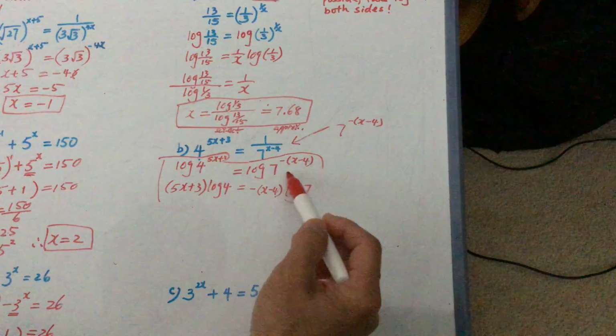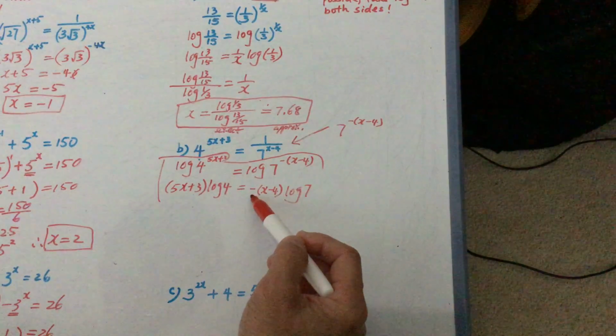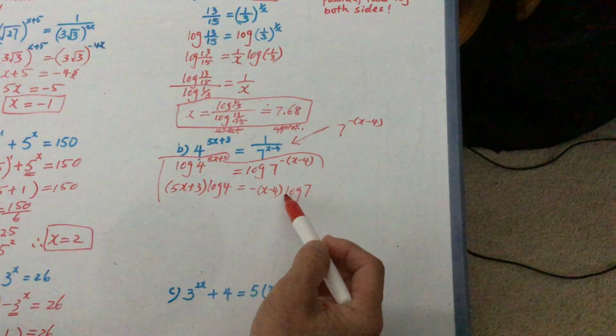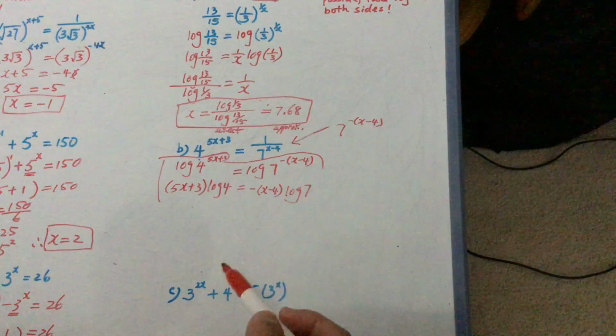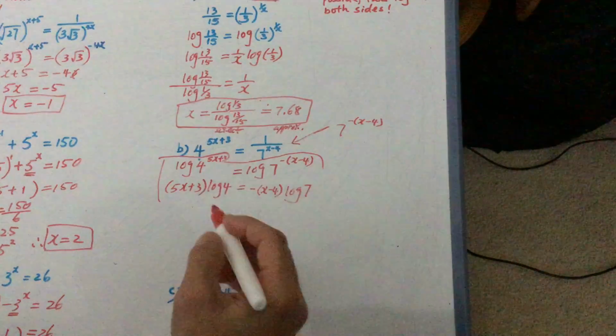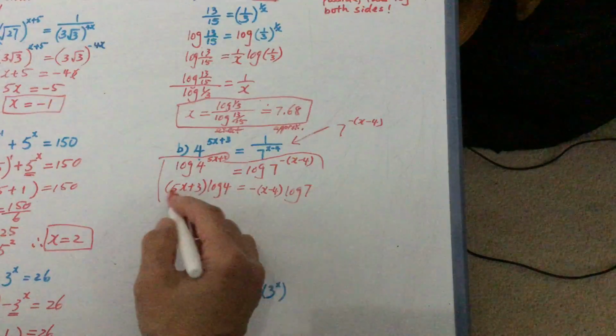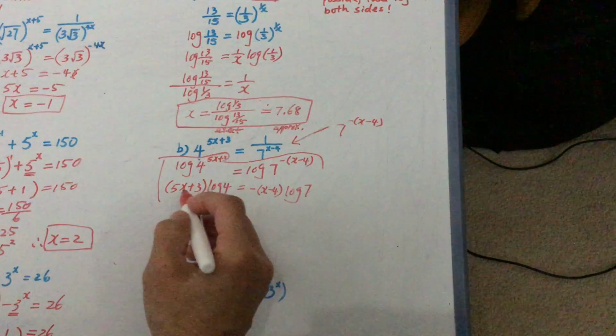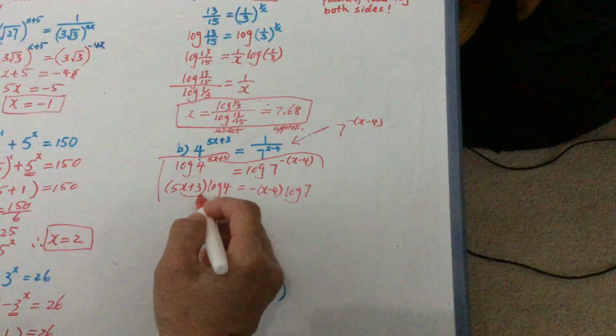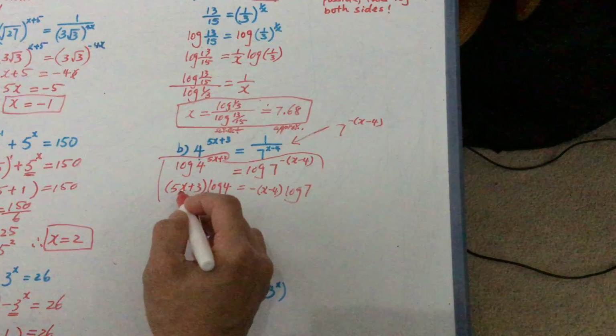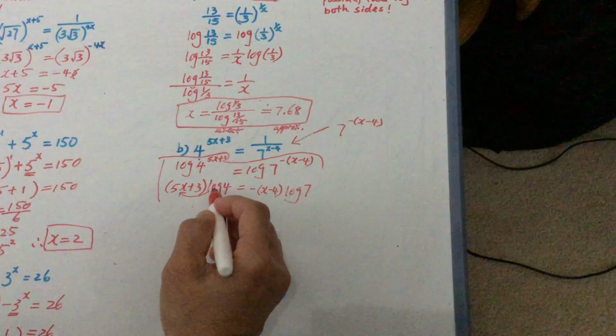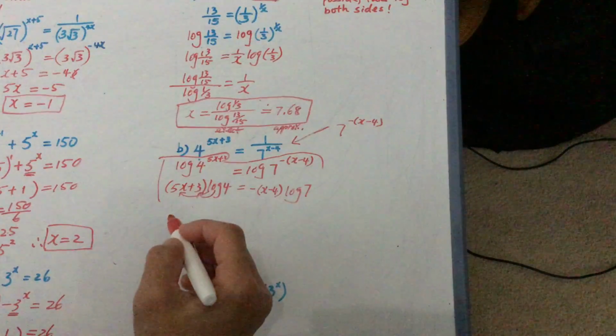So this exponent here becomes, according to the power law, I bring it all the way in front of the log 7. And then, because this is a binomial times the log 4, I need to distribute it, and I need to distribute this.